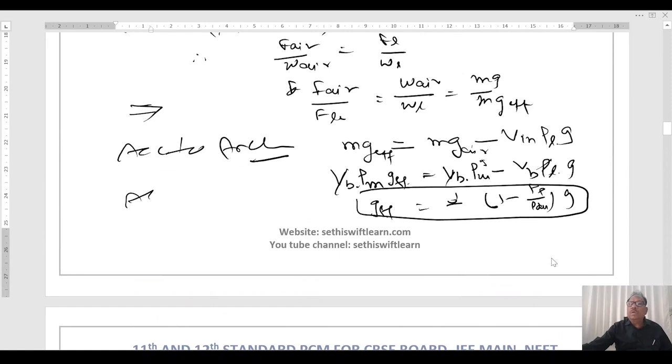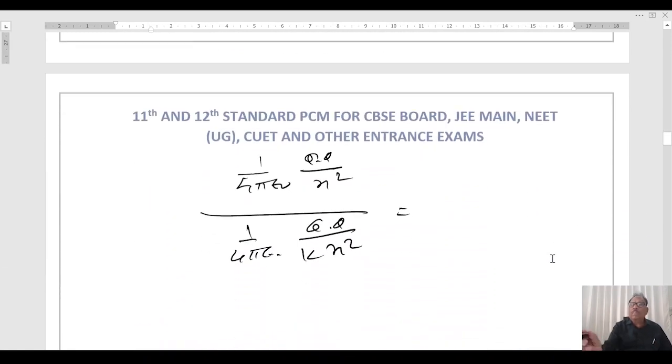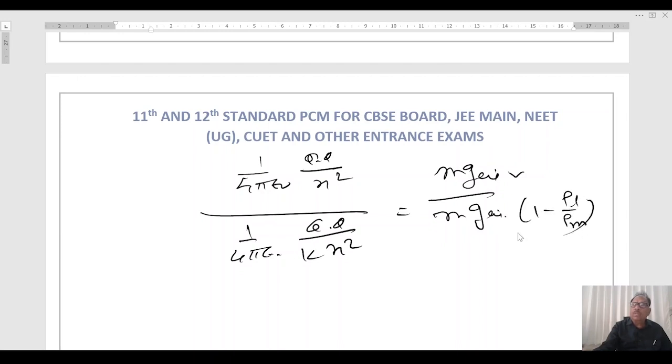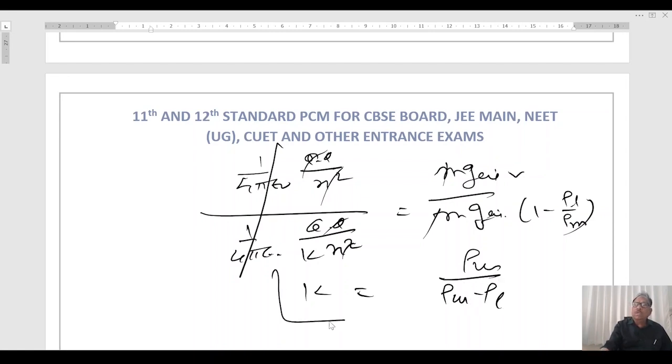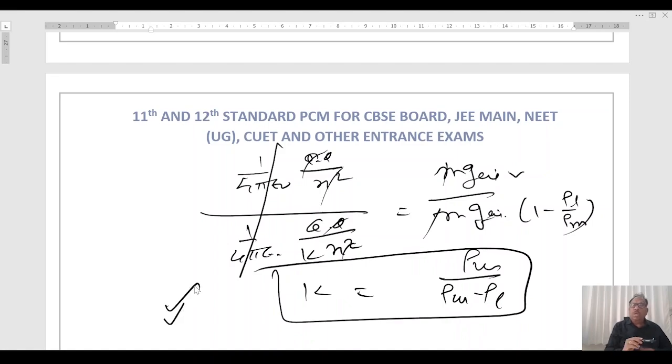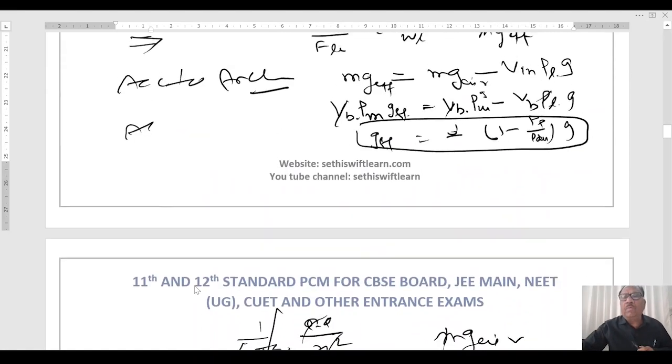W air over W liquid, m g air over m g effective. g effective is g air into 1 minus rho L over rho m, right? This goes, this becomes K. m goes, g goes. So on simplification, this comes to rho m over rho m minus rho L. This is the final formula.